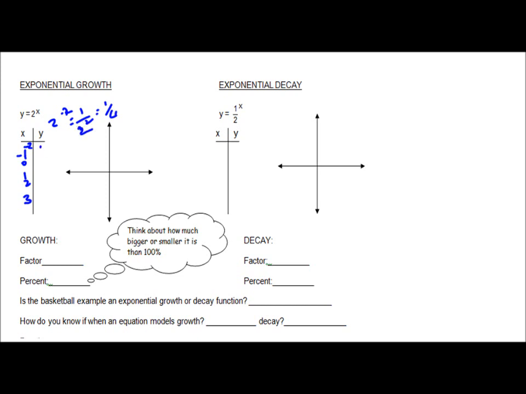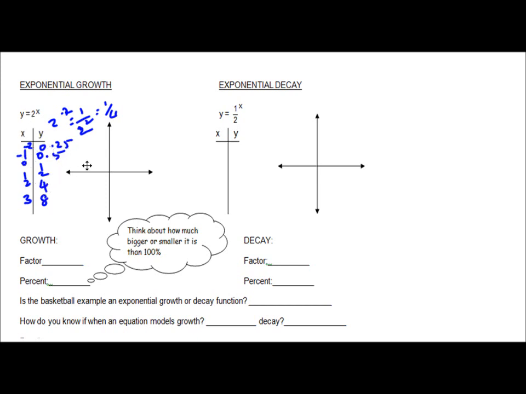So the y value is 0.25, and if you go to 2 to the power of negative 1, it is half, so this is 0.5. 2 to the power of 0 is 1. Anything to the power of 0 is 1, remember? If x is 1, it is 2 to the power of 1, which is simply 2. If x is 2, it is 2 squared, 4. If x is 3, 2 cubed, 8. So these are my tabular values.